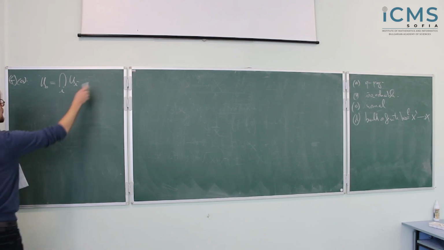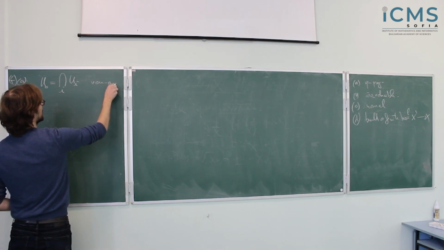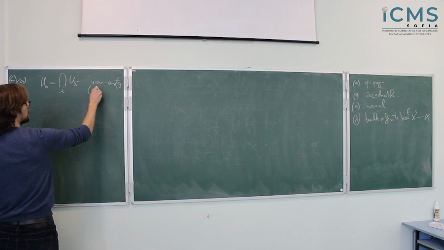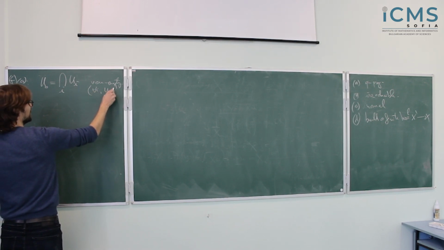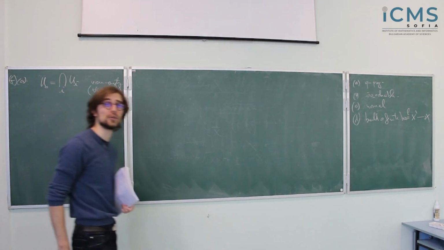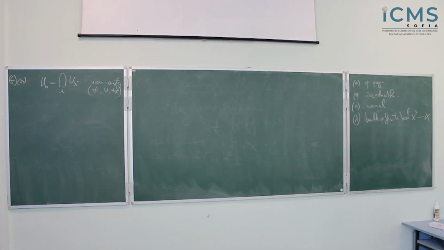This is non-empty. Why is that? It's because all the U_i are non-empty. And remember that we are working in an irreducible variety, so any intersection of non-empty opens is non-empty.